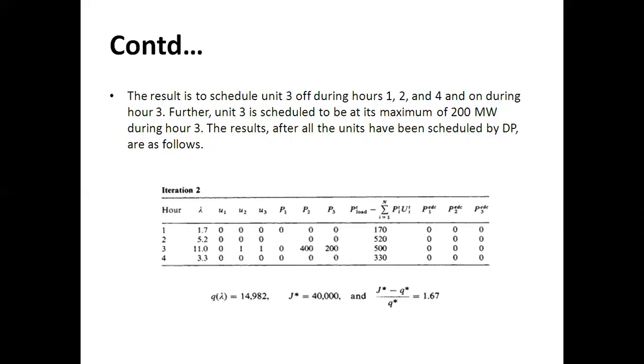So here in this iteration 2 table, it is clearly seen that at hour 3 we have scheduled unit 3 and unit 2. First we will concentrate on the calculation of the value of lambda. This is our main objective.